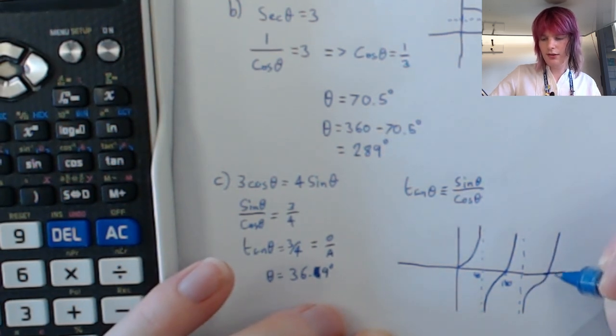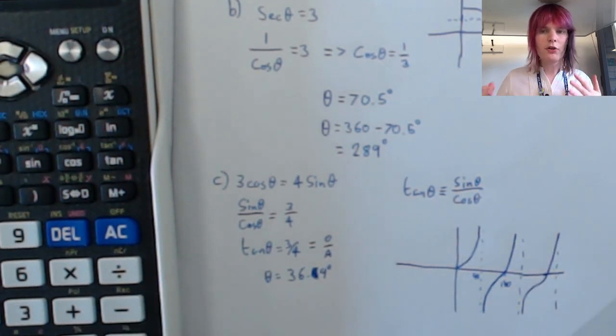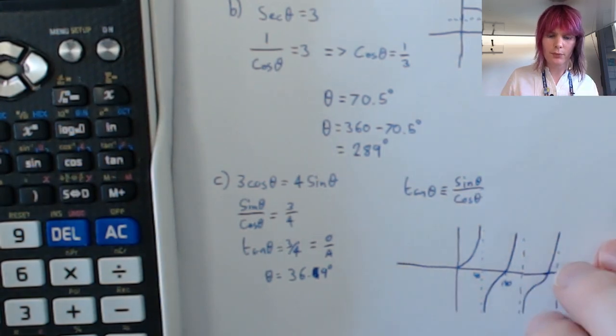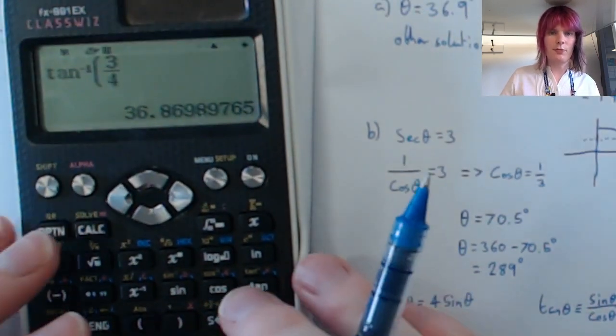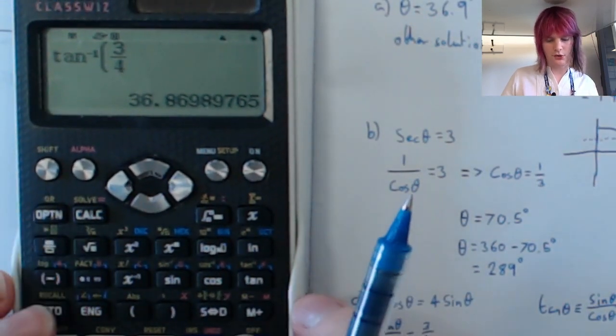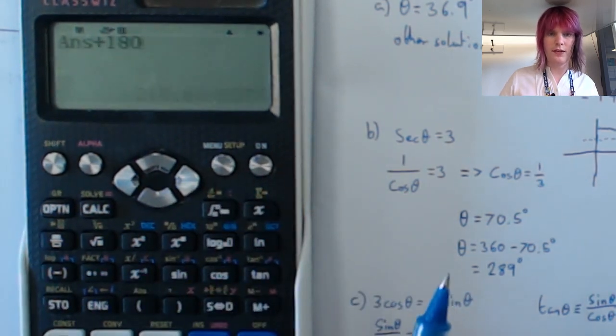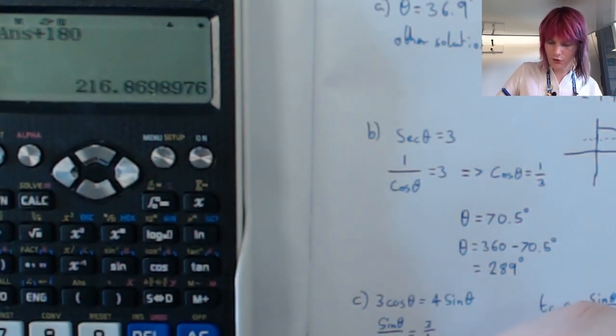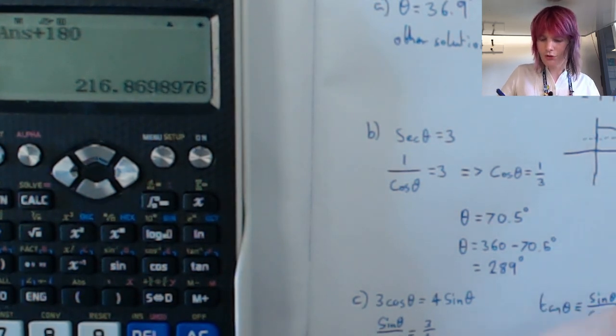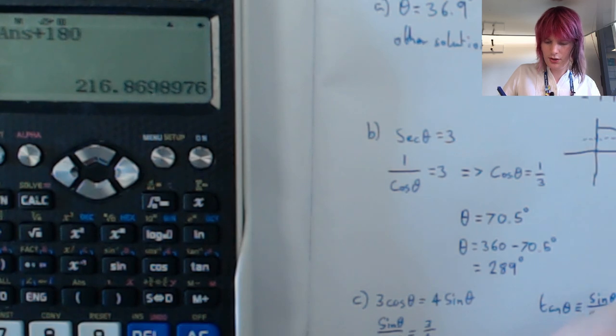There you go. These are not the best drawings in the world, but they're practical for what we're using them for. So our next solution is going to be 36.86 add 180, which gives us our second solution of theta is equal to 216 degrees, or 217 degrees to 3 significant figures.